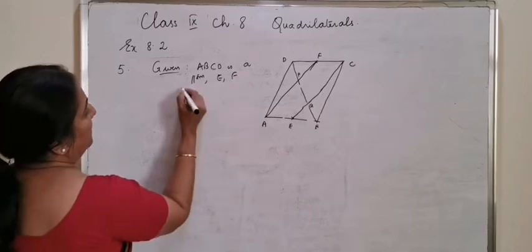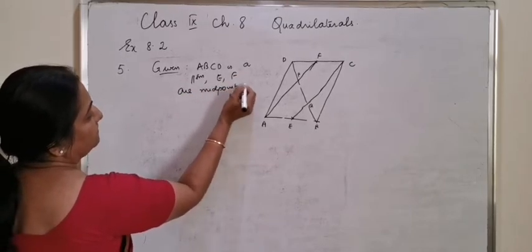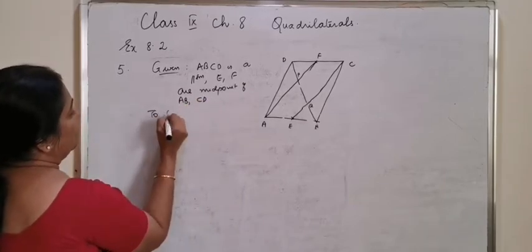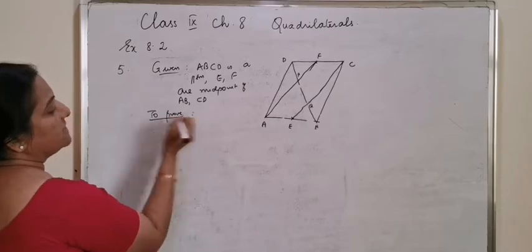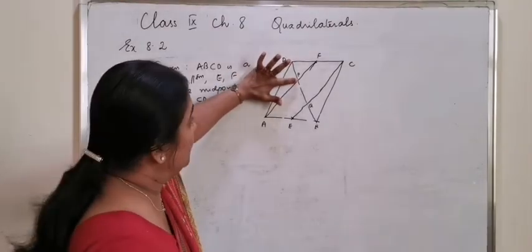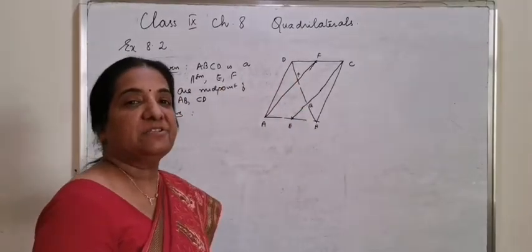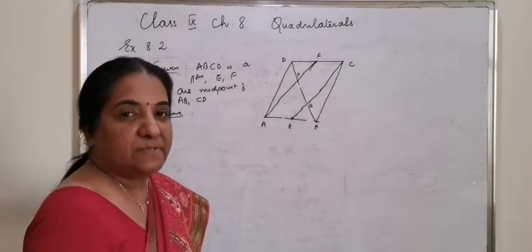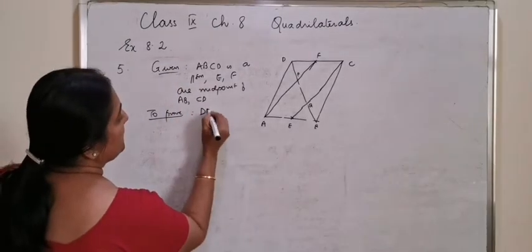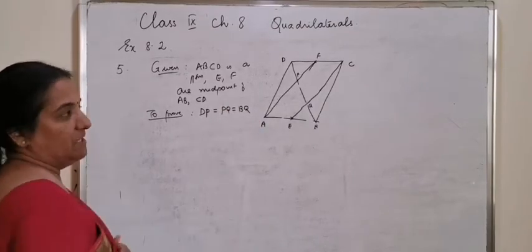E and F are midpoints of AB and CD. What is to prove is DP is equal to PQ is equal to BQ. That means the diagonal BD is trisected, that means it is made into three equal parts. What is to prove is DP is equal to PQ is equal to BQ.